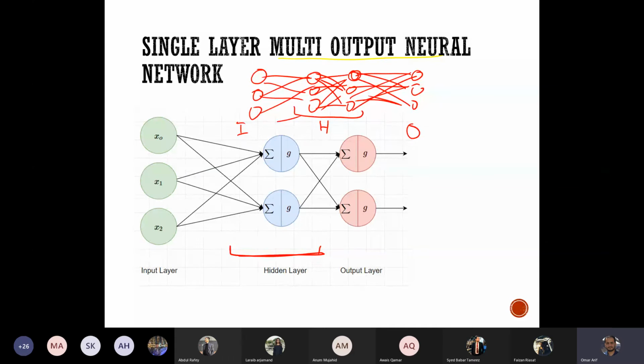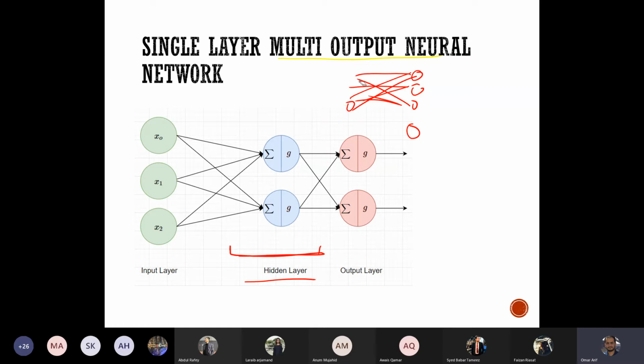So nothing stops us from adding more hidden layers. You can add two hidden layers, three, four, five hidden layers, and similarly, nothing stops you from adding more neurons in a hidden layer. You can have three neurons in one hidden layer, four neurons, 10 neurons, 100 neurons, and similarly in the next layer you can have 10, 25 hidden neurons. So all these different combinations you can have.